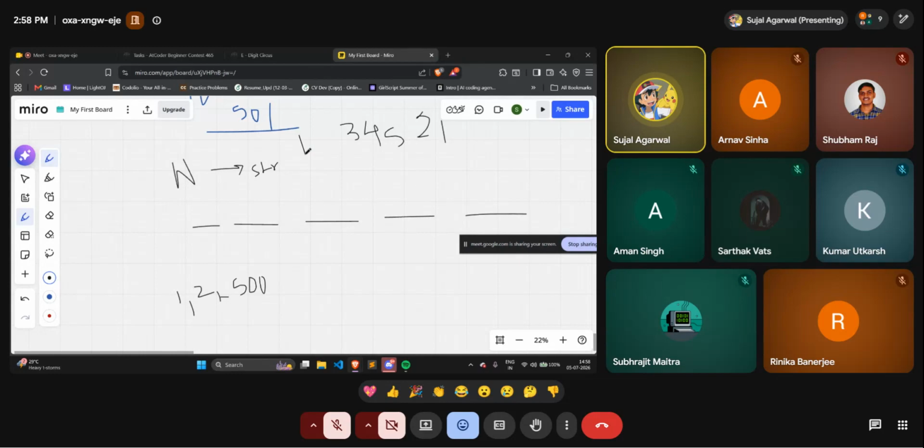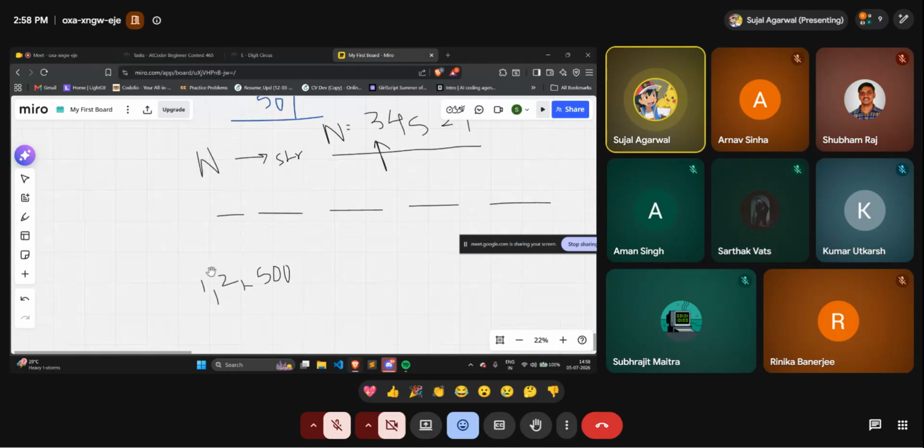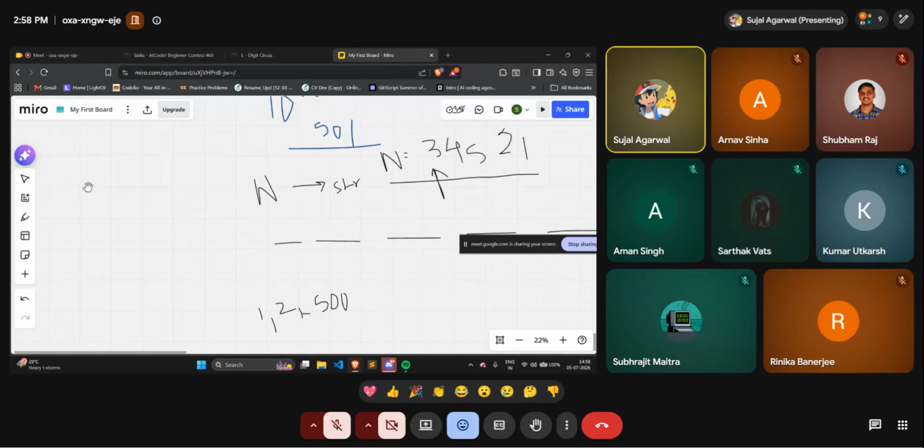So let's say our n was initially this. We convert this to string, and then we go on for this part. We look at the digits we can place in this part of the number. So the states we need to look at is an index first.